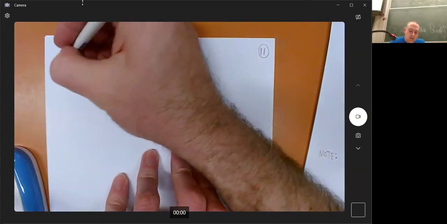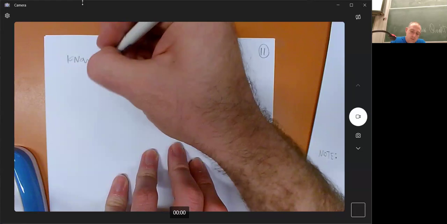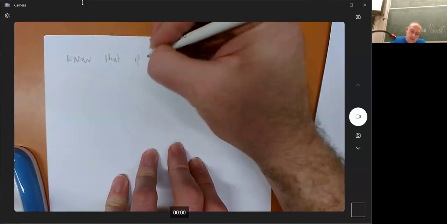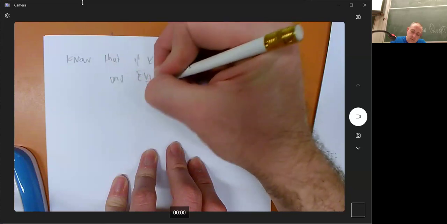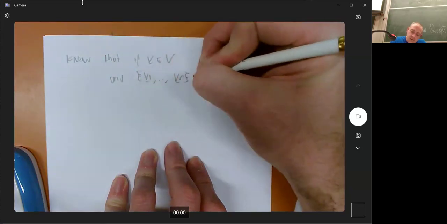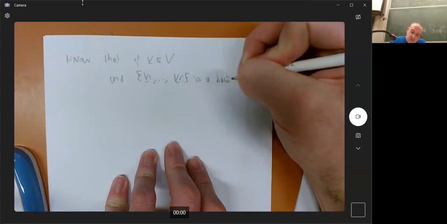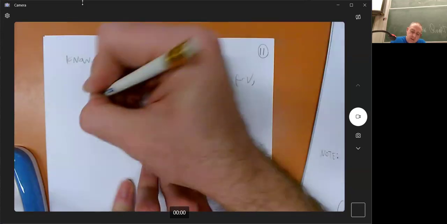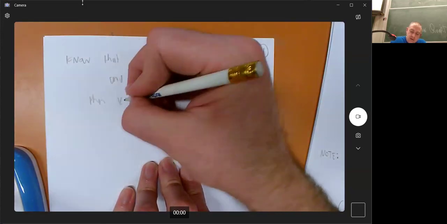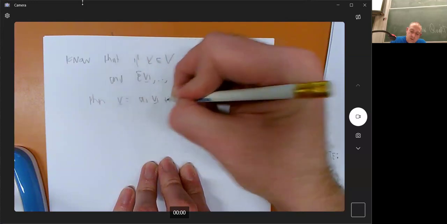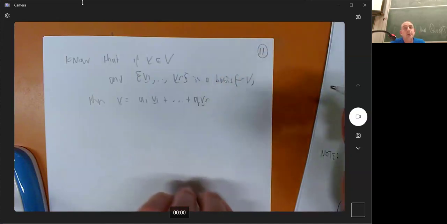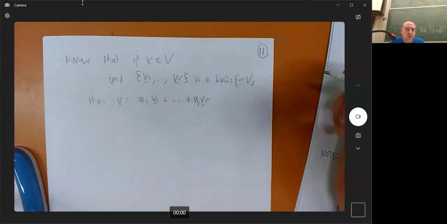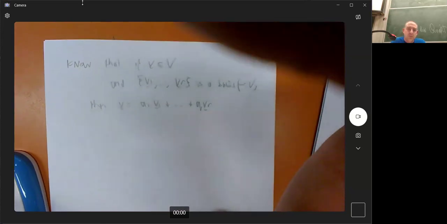So you know that if v is in V and v1 up to vr is a basis for V, then v is something v1 plus all the way up to something vr, right? That's true. That's what a basis is for.